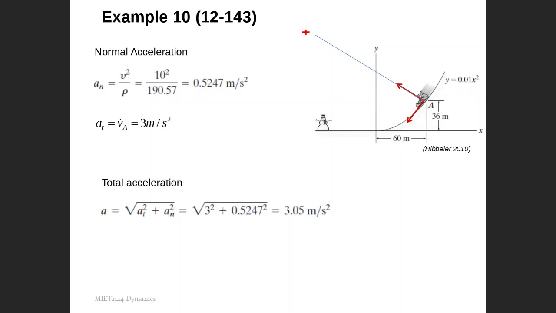Now we can find acceleration. Normal acceleration is velocity squared divided by radius. Velocity is given, VA equal to 10 meters per second. The radius we calculated, so it gives us normal acceleration 0.5247 meters per second squared.